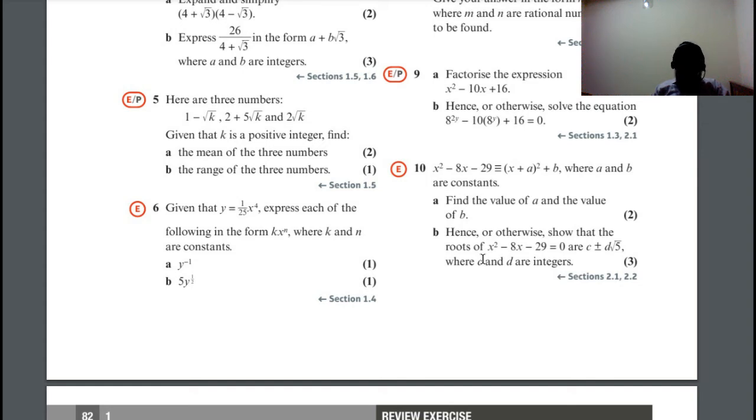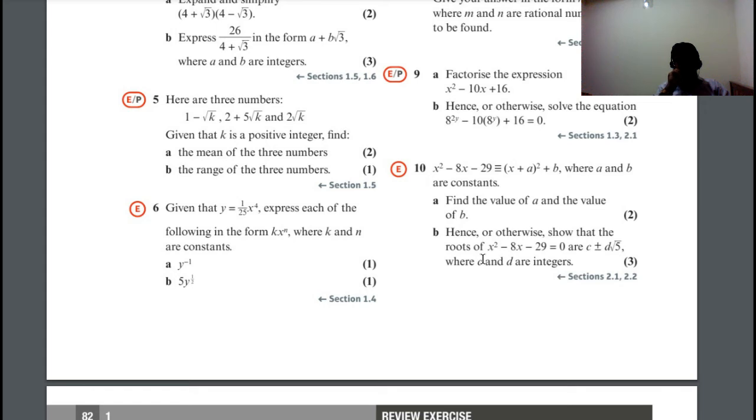How did I make a mistake? B squared, which is 16. Oh, it's 64. Should it be b squared or b minus 2 squared?